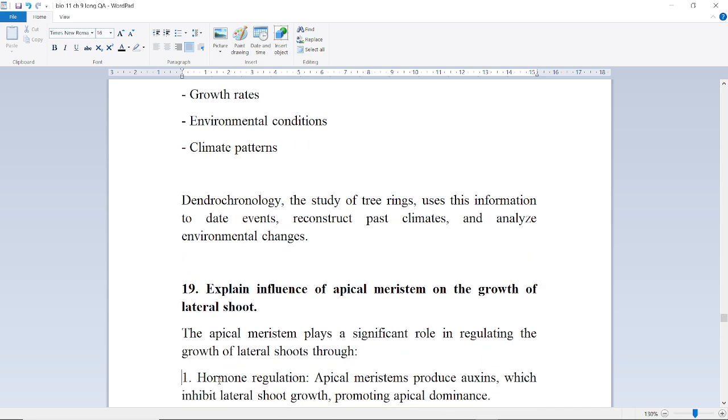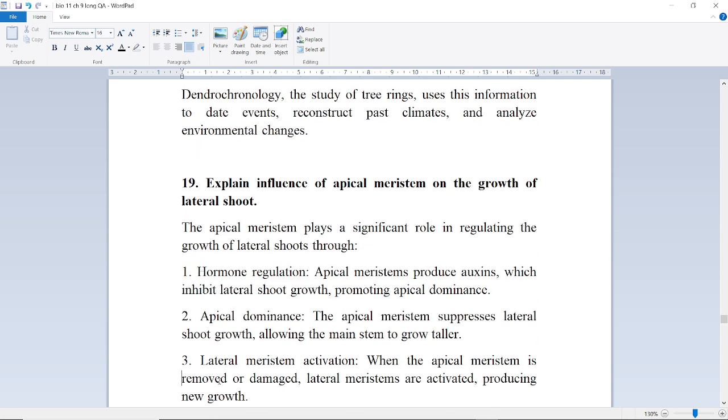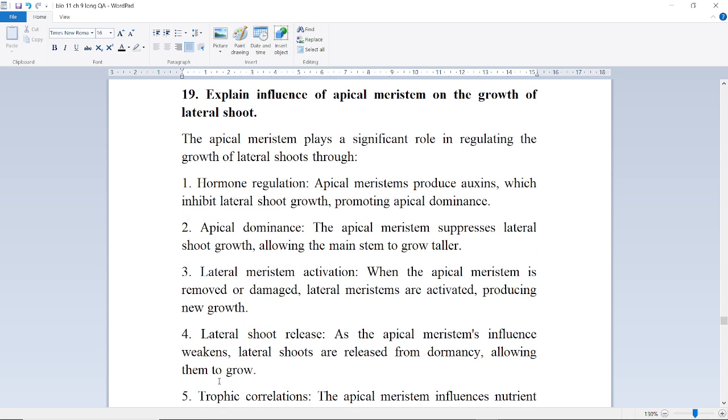Next question is: explain influence of apical meristem on the growth of lateral shoot. The apical meristem plays a significant role in regulating the growth of lateral shoots through, first of all, hormone regulation. Apical meristems produce auxin which inhibits lateral shoot growth, promoting apical dominance.